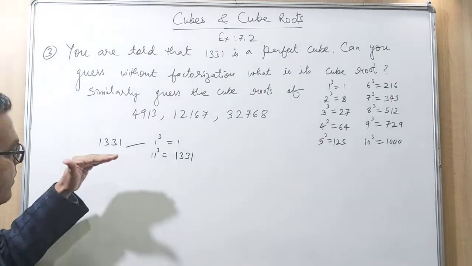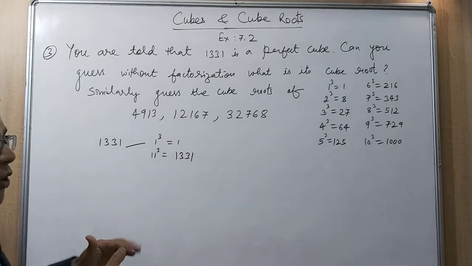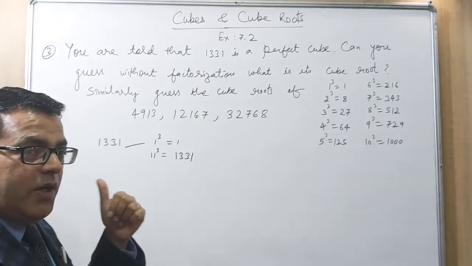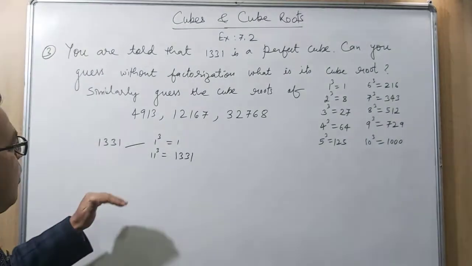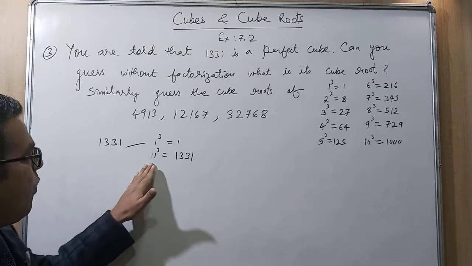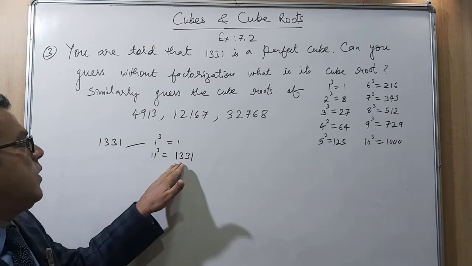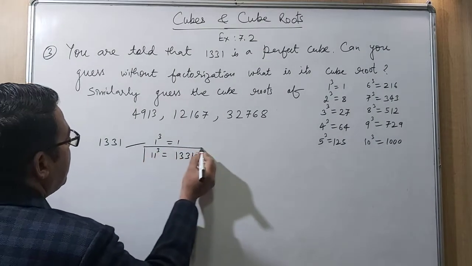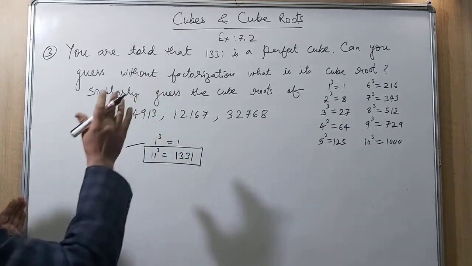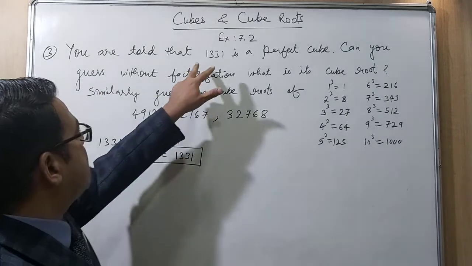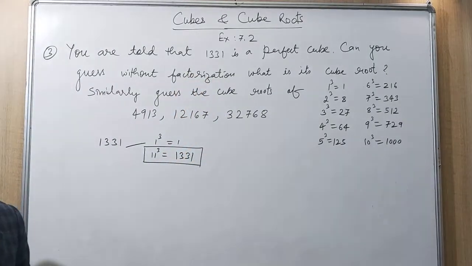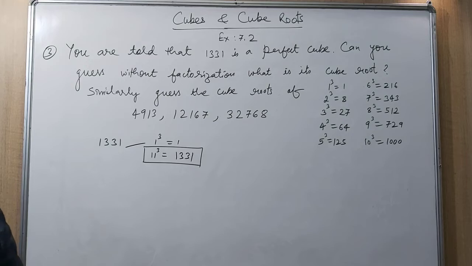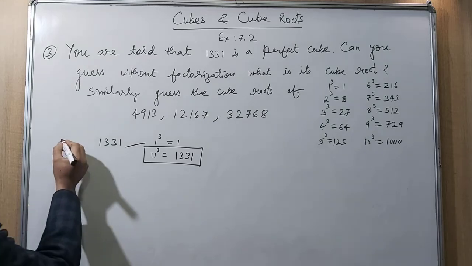You can check it also after multiplication or with a trick. That trick I already explained to you. So 11 is the right answer. So the perfect cube root of this number is 11. This is a very interesting question. Right? Now this was the first part.